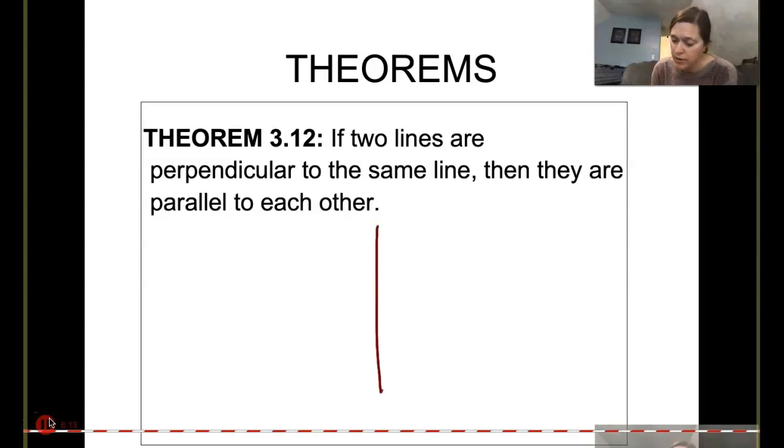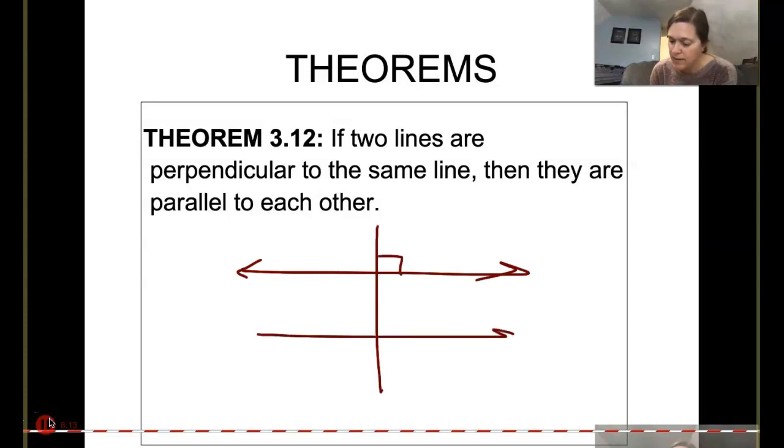So here, if your transversal is perpendicular to the two lines, then those two lines that it's perpendicular to would be parallel. So it's the converse, it's the opposite. So if it's perpendicular to both, then the lines are parallel. The last one was if the lines are parallel, then it would be perpendicular to the transversal.